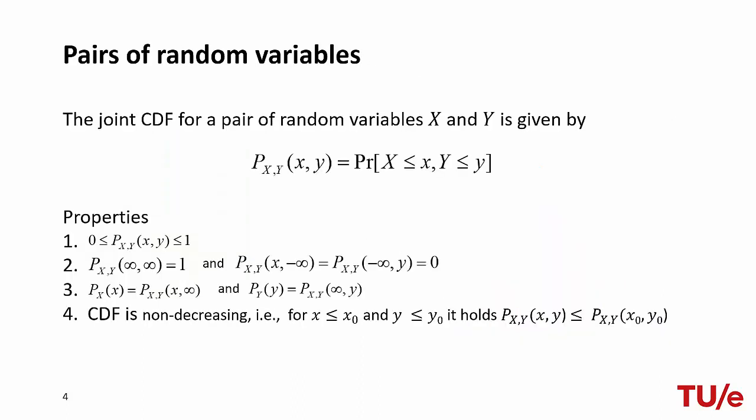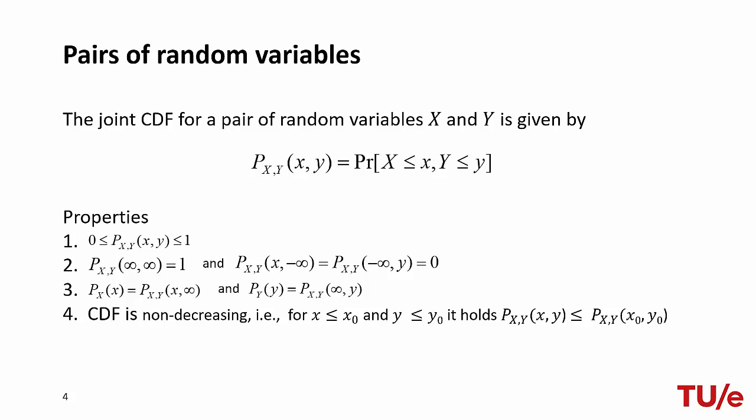But if we want to fully characterize the stochastic process of rolling two dice, we need to build the joint probability model of d1 and d2. Similar to the case of single random variables, also for pairs of random variables, we can use the joint cumulative distribution function. The formula, given in the slide, is very similar to the single variable case.